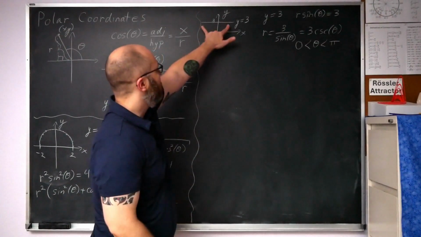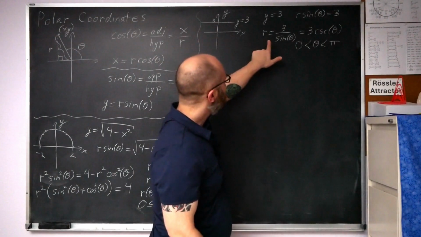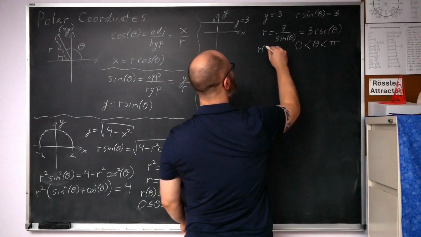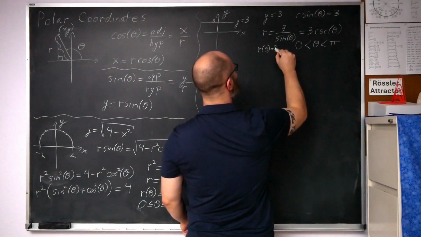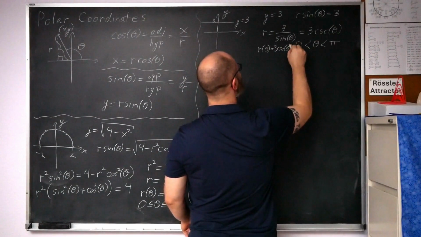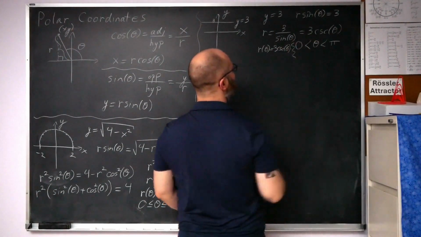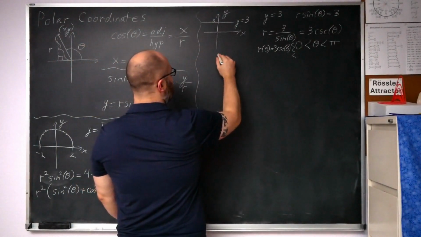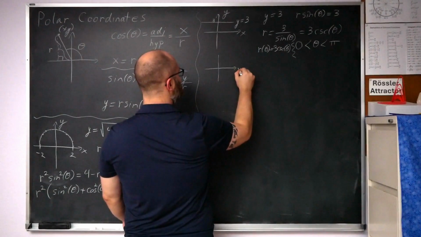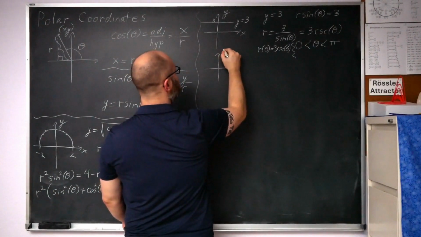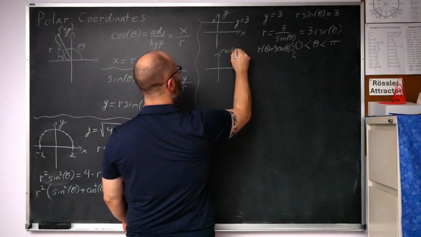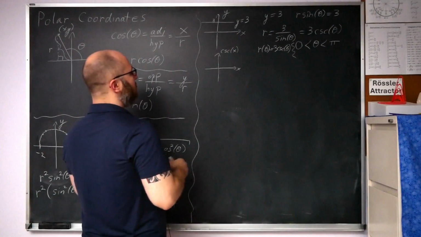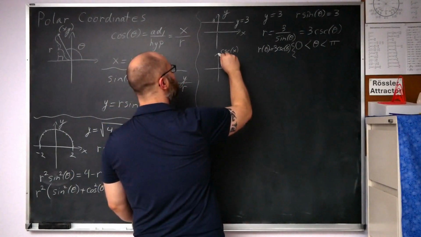So that's going to describe this line, y equals 3. The function r equals 3 cosecant of theta. So let me write that again. r of theta equals 3 cosecant of theta, where theta is between 0 and pi. The reason for that is if you graph out cosecant theta, or cosecant x, you end up getting something that looks like this.